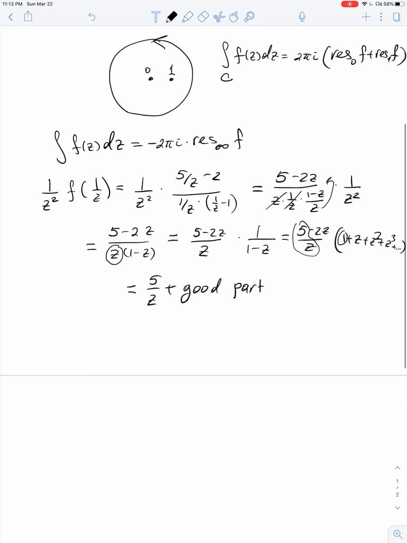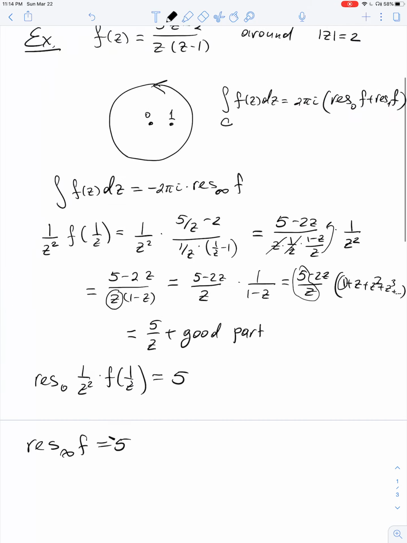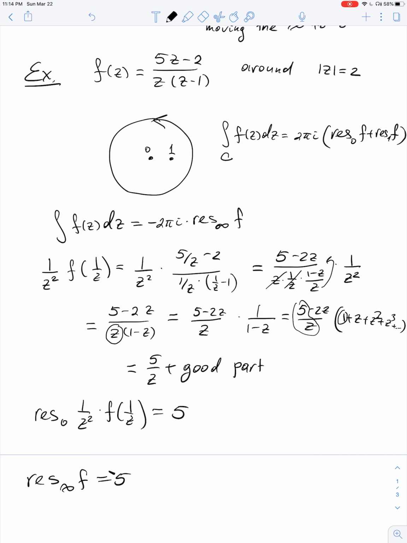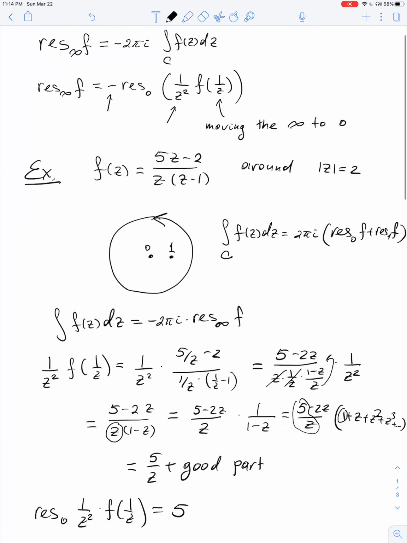Let's see if I can, yep, I can scroll down. And so the residue of this function at 0 is 5. So the residue of the original function at infinity is minus 5, sorry, because we have a minus back here. There's a minus here.